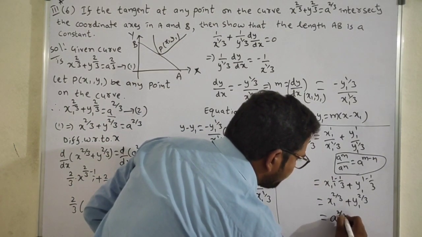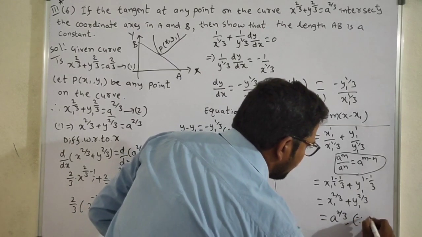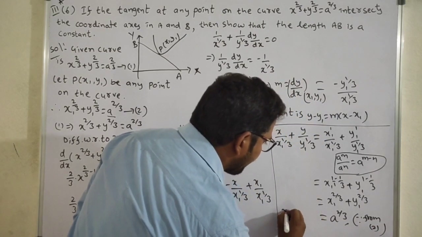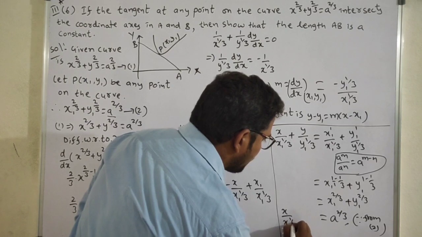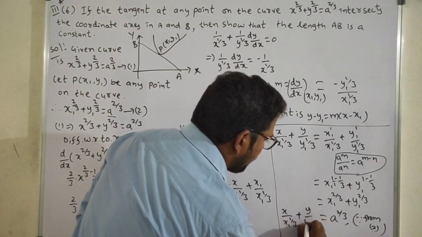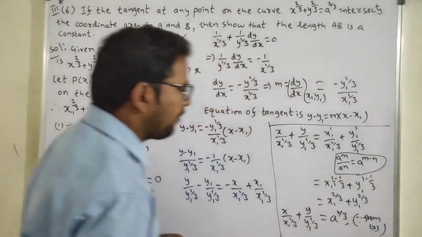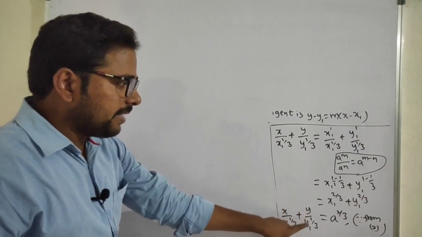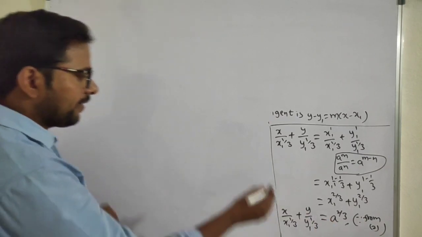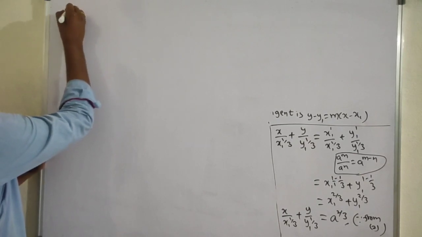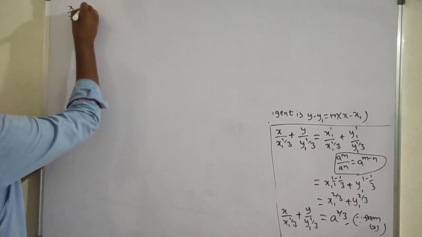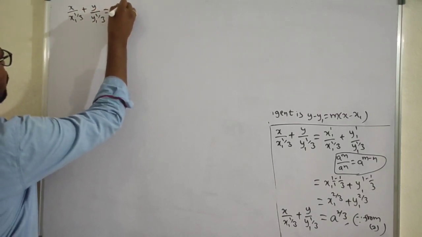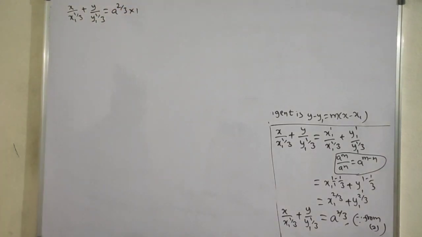So from the second equation, the LHS x by x1 power 1 by 3 plus y by y1 power 1 by 3 is equal to a power 2 by 3. So we can write this as x by x1 power 1 by 3 plus y by y1 power 1 by 3 is equal to a power 2 by 3 into 1.